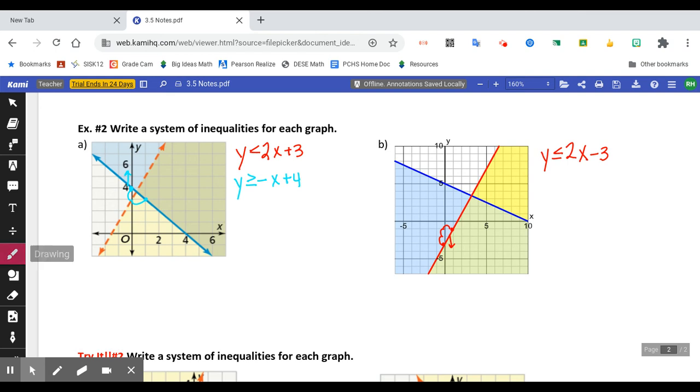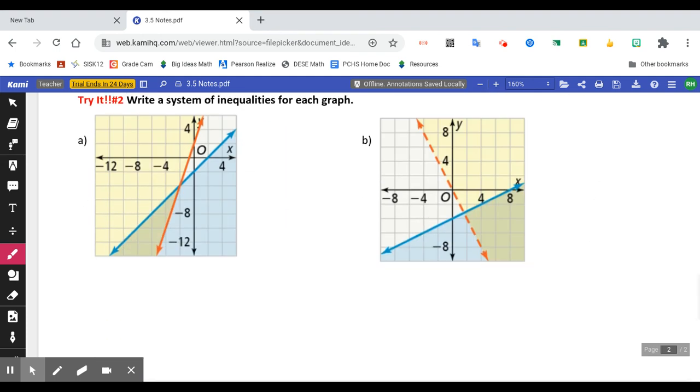Let's go to blue. Blue is y. It's below, so it's less than or equal to because it's solid. It intersects at positive 5. And my slope goes here, so down 1, right 2. So negative 1/2 x plus 5.